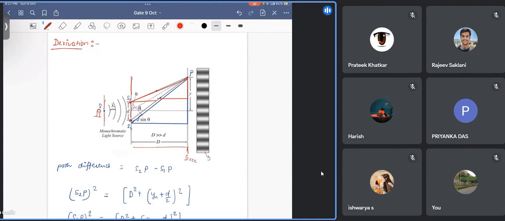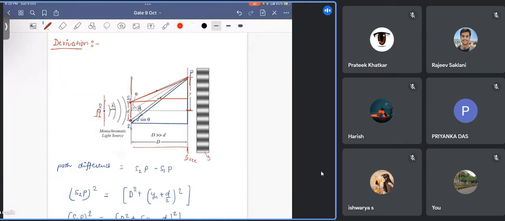So we have to find the position y of this fringe from the center, the distance of this fringe from the center. How do you know whether a bright fringe or a dark fringe is going to form at the position P?